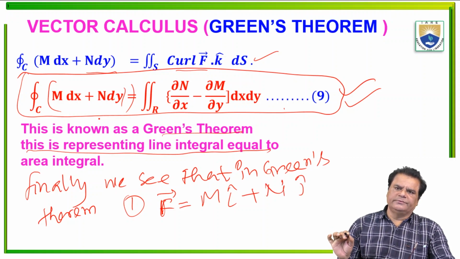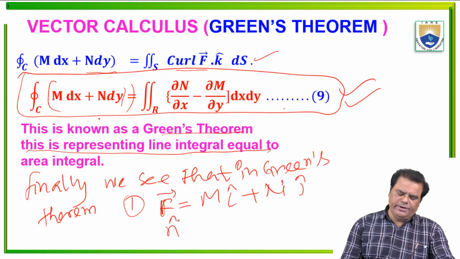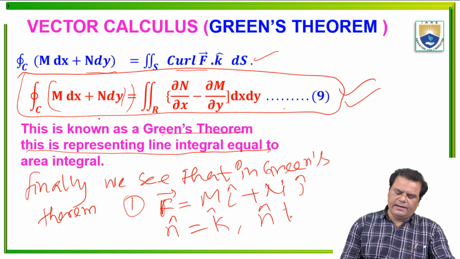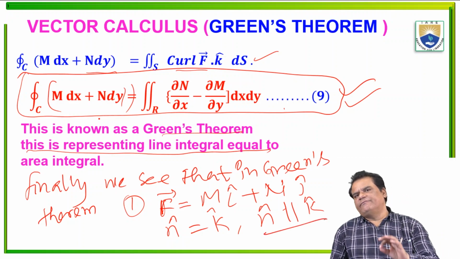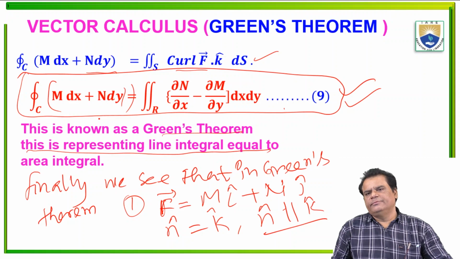Two-dimensional only, no third component. And next, n is the unit normal vector, which is k. Here the n vector is parallel to the k vector. These 2 points are very important for Green's theorem.